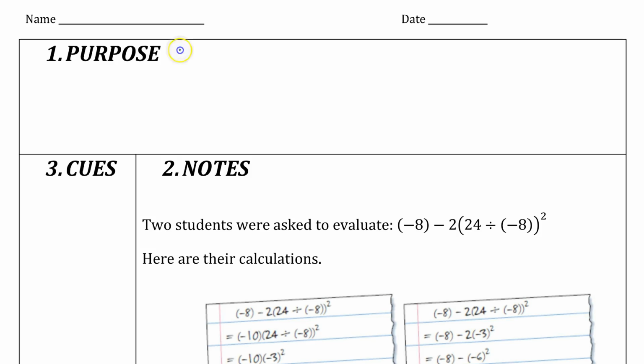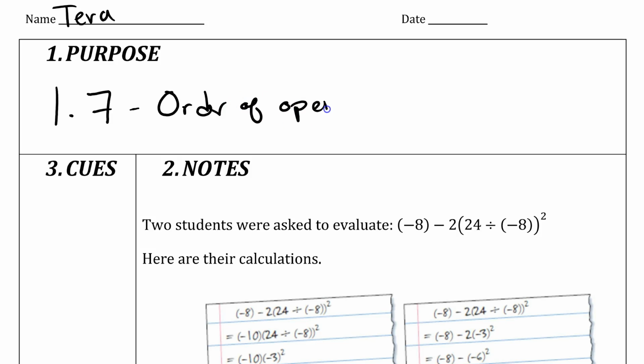We're going to put our name up top here, and let's start off with a purpose. 1.7. Order of operations with rationals. And I mean rational numbers, not rational people.